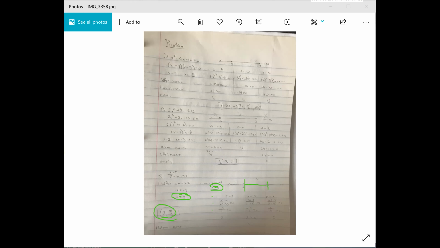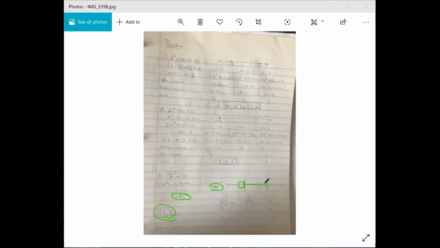What about number 4? Someone asks, is it supposed to be parentheses or brackets? It is supposed to be parentheses, and that's a good question. This point is not included because at the vertical asymptote it can't be included, so that has to be an open circle.